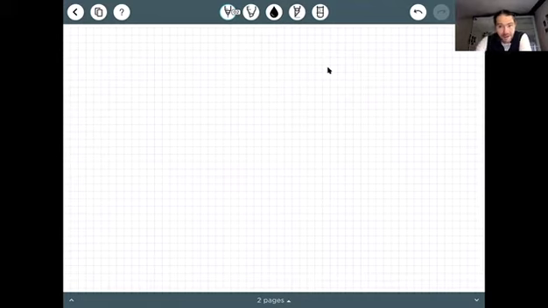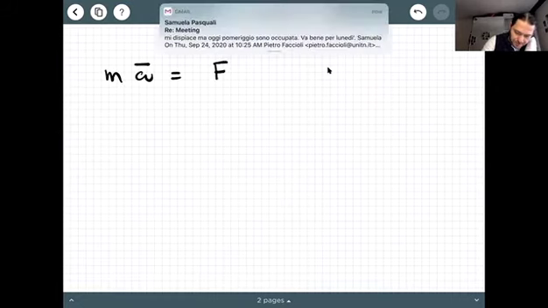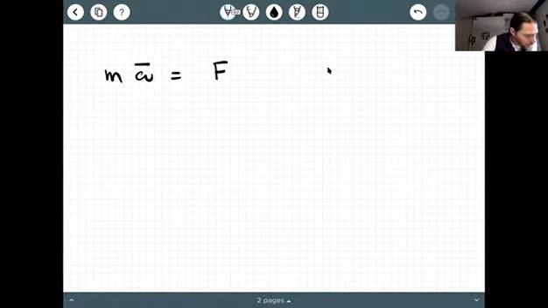I will not list all of Newton's laws. I will only list the most practically important law, which is the one that connects the acceleration of a particle to the force acting on the particle.